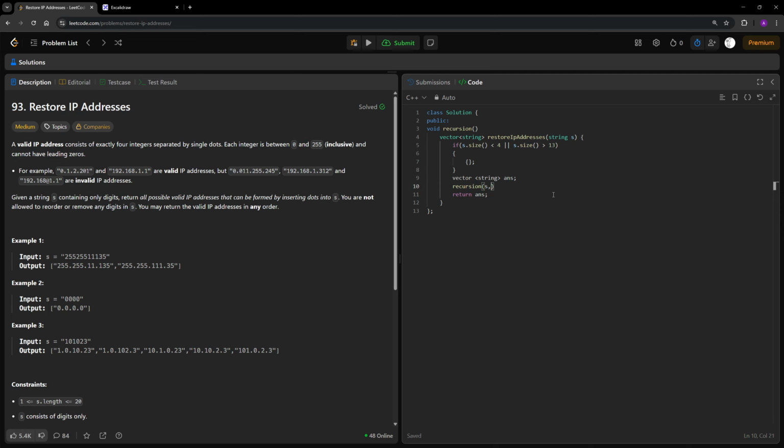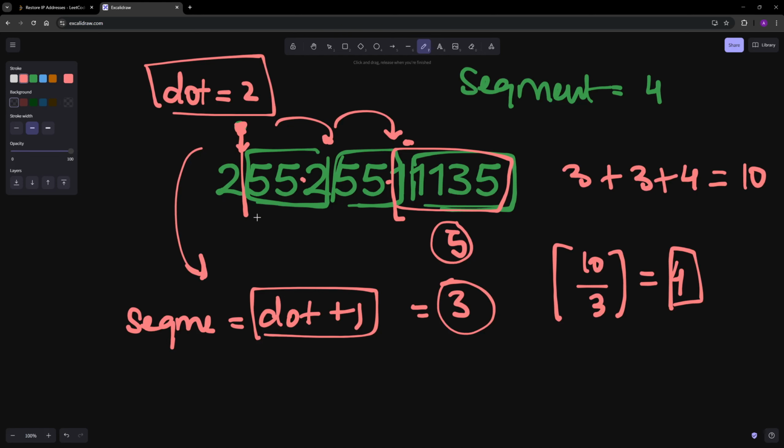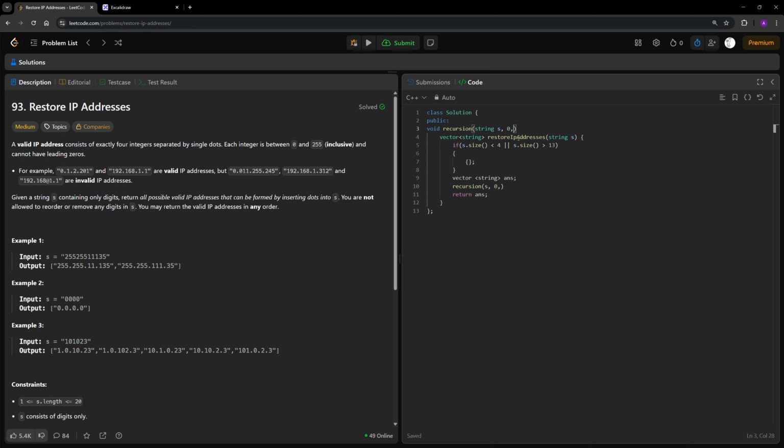I'll write them one by one so that you don't get confused. We need to pass the original string. Then we need to pass the starting index, to say that we will begin from a certain point, because we can start from this point, and this information is effectively held by the recursion.